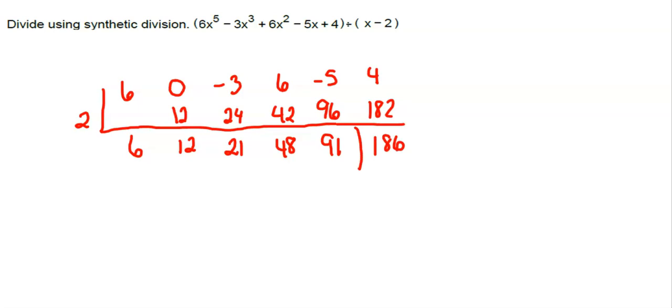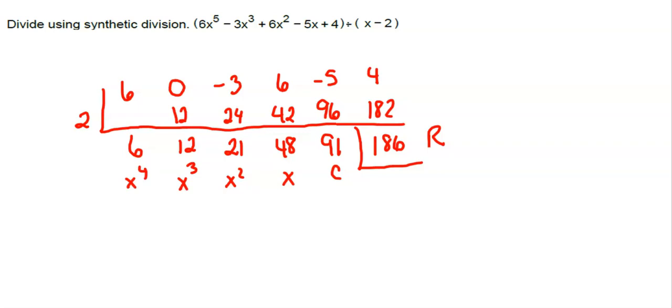The 186 is the remainder, and the other numbers are the coefficients of the terms in our quotient. So 91 is our constant term, 48 is our x term, 21 is an x squared term, 12 is coming from an x to the third term, and 6 is an x to the fourth term.